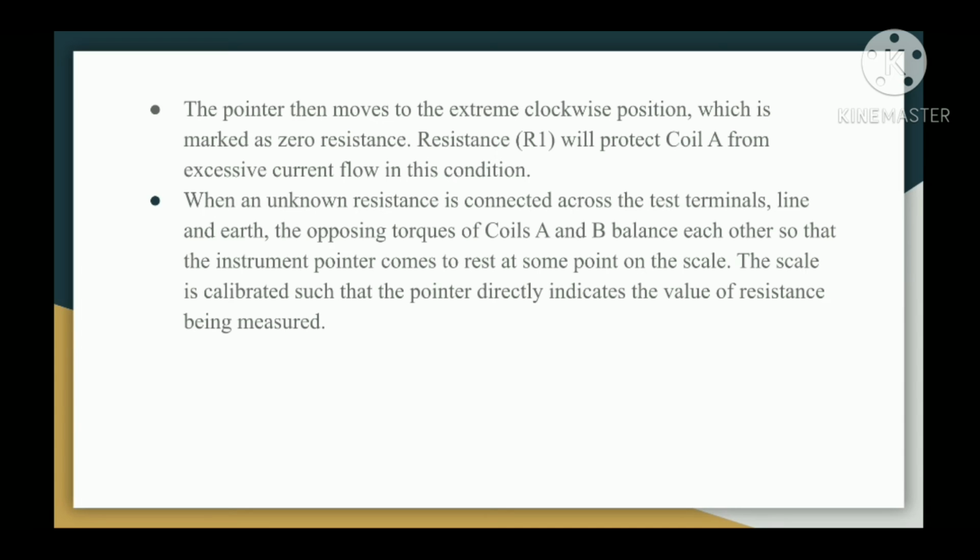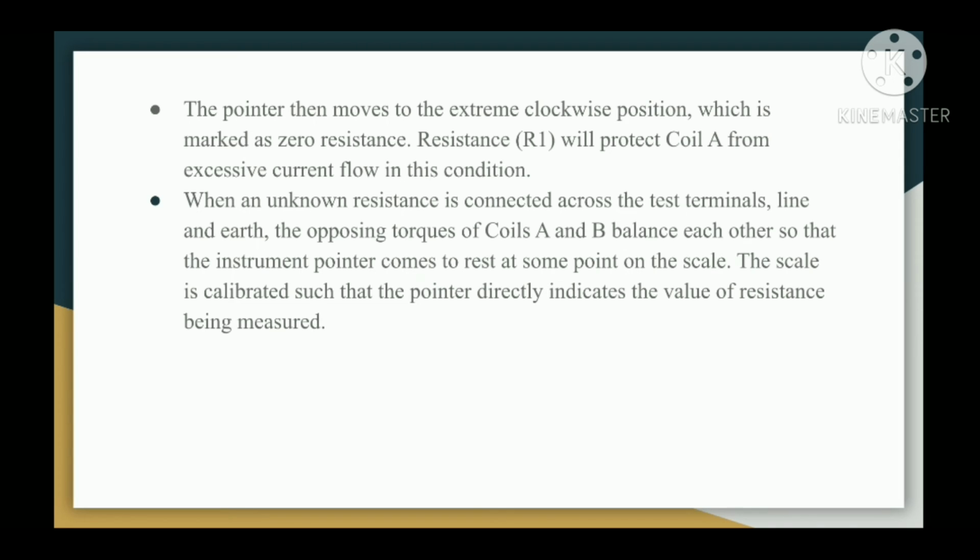When an unknown resistance is connected across the test terminals, line and earth, the opposing torques of coil A and B balance each other so that the instrument pointer comes to rest at some point on the scale. The scale is calibrated such that the pointer directly indicates the value of resistance being measured.